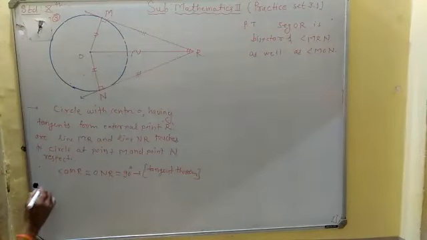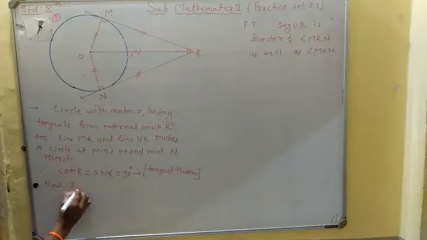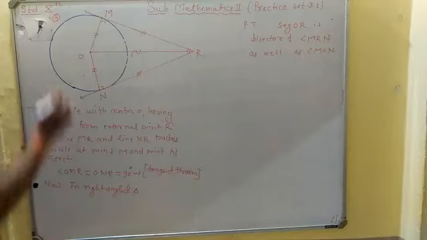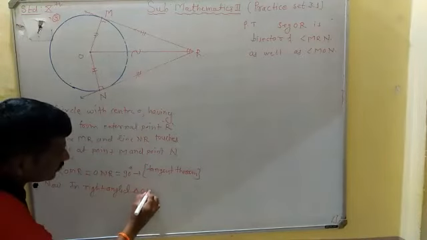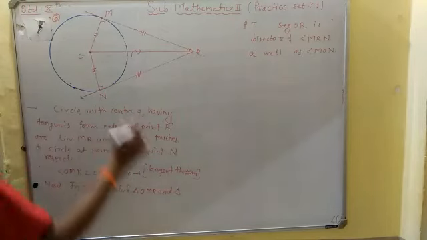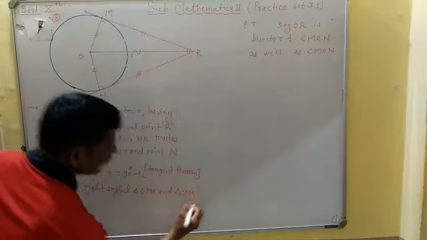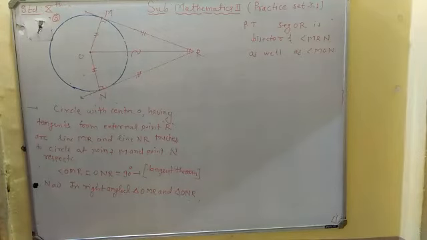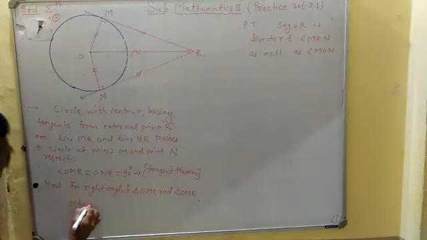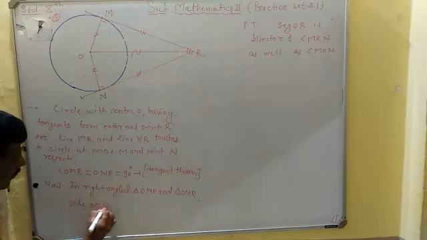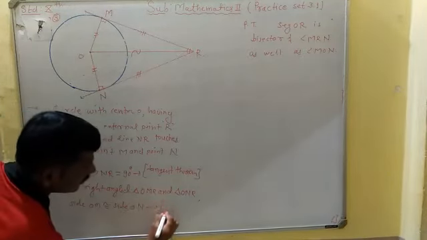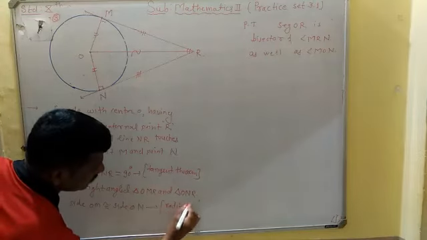Now in right angle triangle OMR and right angle triangle ONR, in both the right angle triangles, we write here side OM is congruent with side ON. Give the reason: radii of the same circle.